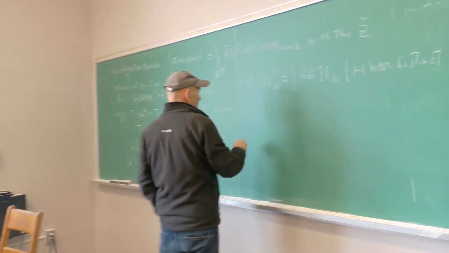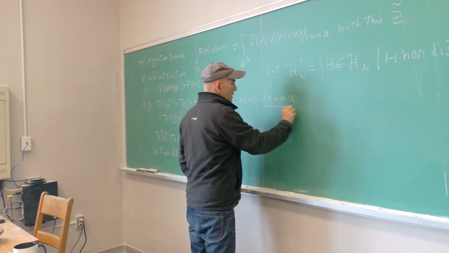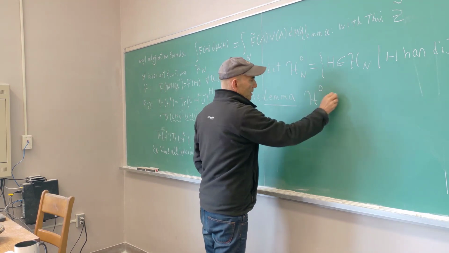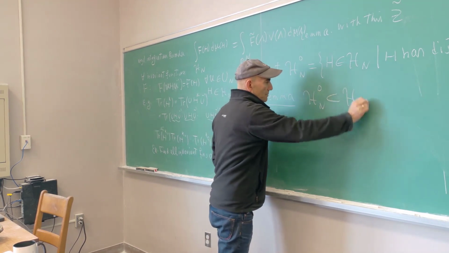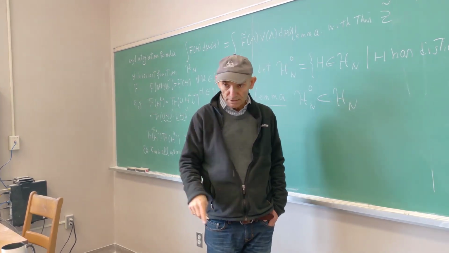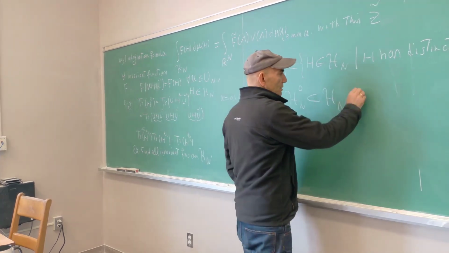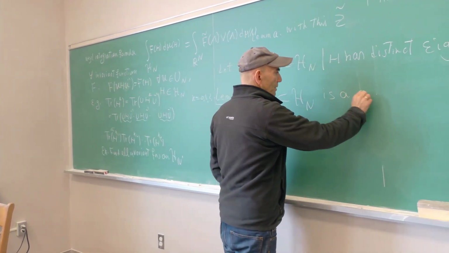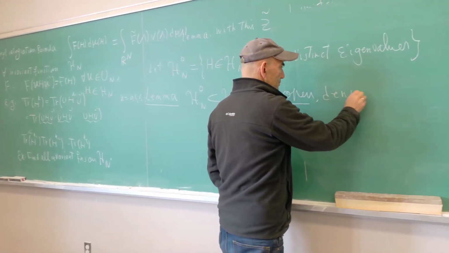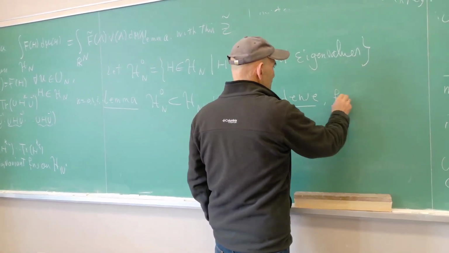So the lemma that I need is the following: this set Hn circle inside Hn is an open, dense subset of full measure.